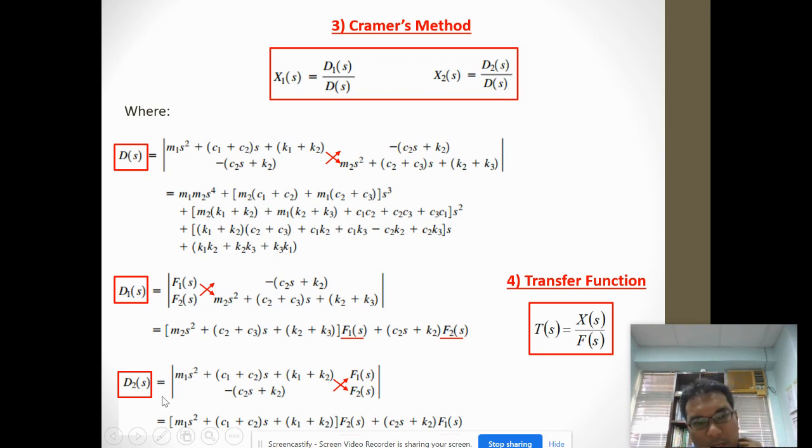Also the same for the D2, where you replace at this number 2 location, and this one remains here. So let's say for your assignment, either F1 or F2 will have the value and the other one will be 0, so you have a more simplified formula, so that you can solve it.